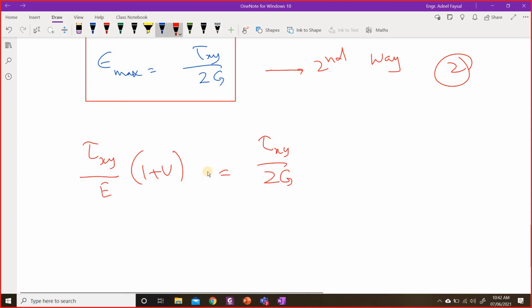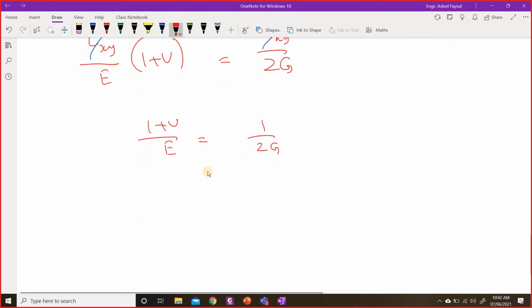Now you can see that tau xy is common to both sides, so we can knock it out and we will be left with 1 plus nu over E equal to 1 over 2G.